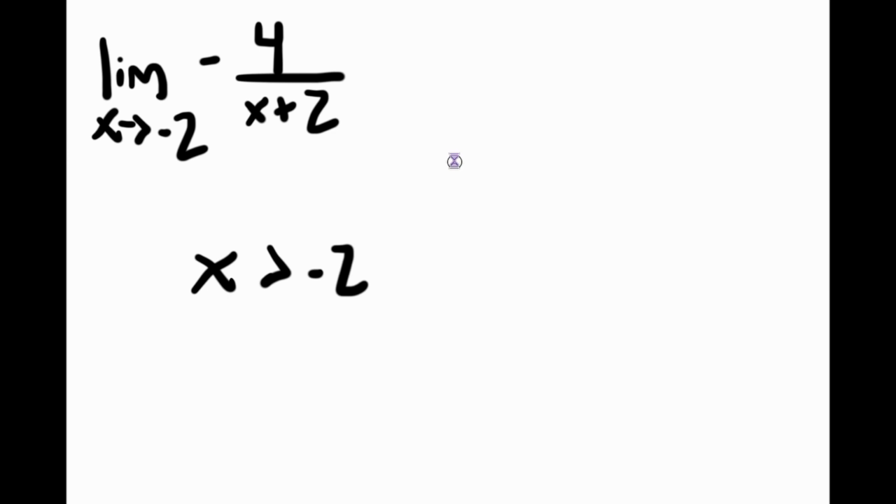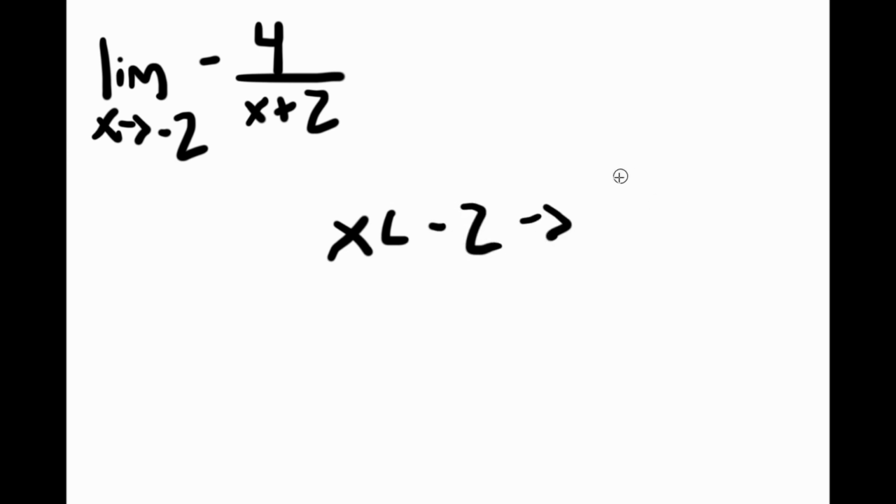And for our left-handed side, which is our negative, we'll say x is less than -2, which we could turn into x plus 2 is less than 0, because we could just add 2 to each side. And basically, x plus 2 will get closer to 0 as x gets closer to -2. In this case, we'll have a negative constant divided by an increasingly small negative number, making it infinity.